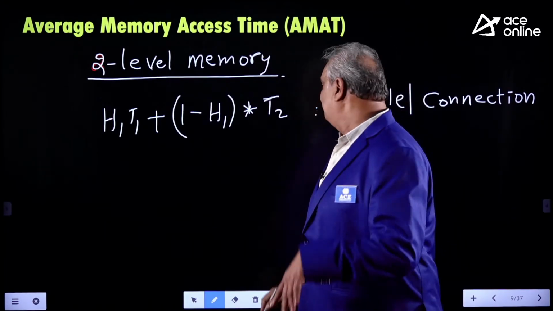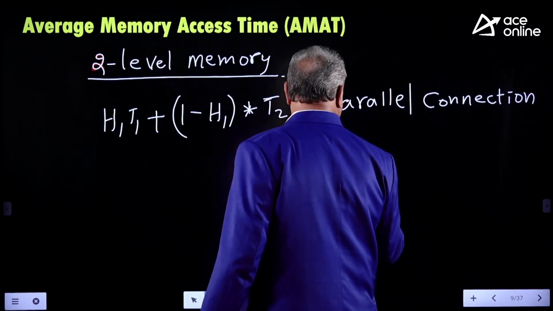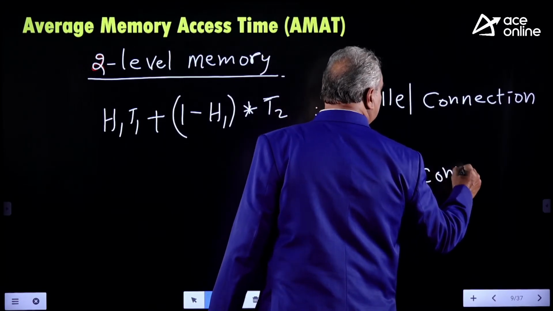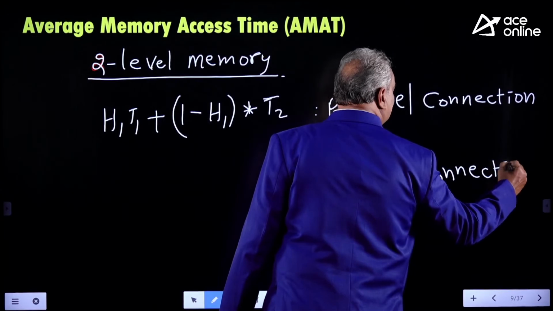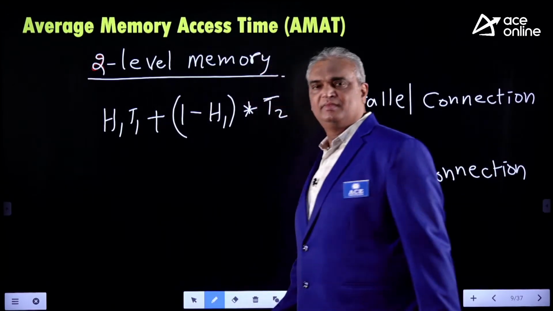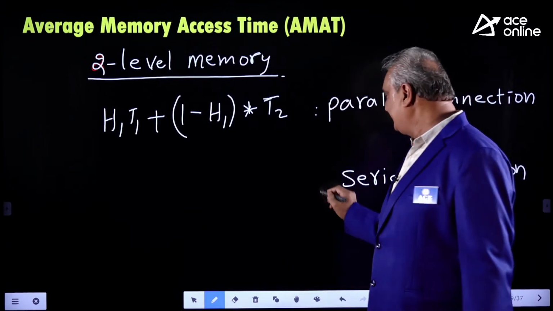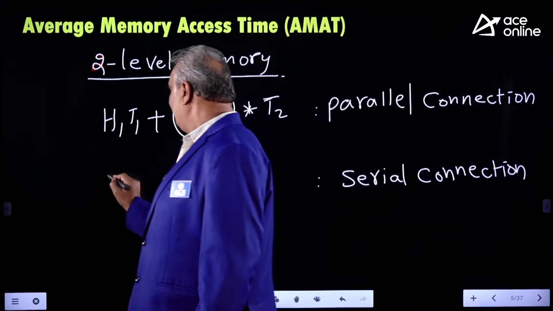But sometimes if you are asked the question in serial manner, means serial connection, words are always supplied by L1 memory only. In that case, what is the procedure?